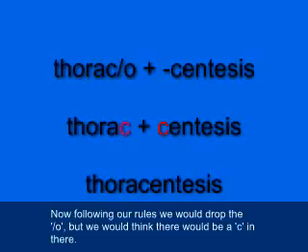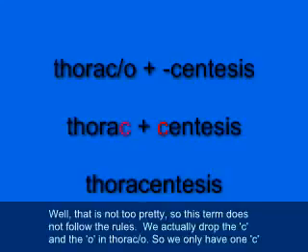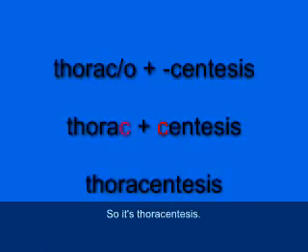Now, following our rules, we would drop the O, but we'd think there would be a C in there, and that would create a double C normally. THORAC/CENTESIS. Well, that's not too pretty, and so this term does not follow the rules. We actually drop the C and the O in thoraco, so we only have one C. So it's thoracentesis.